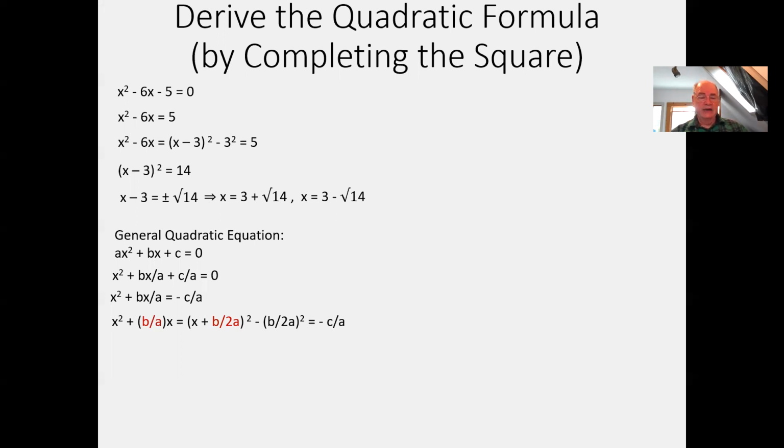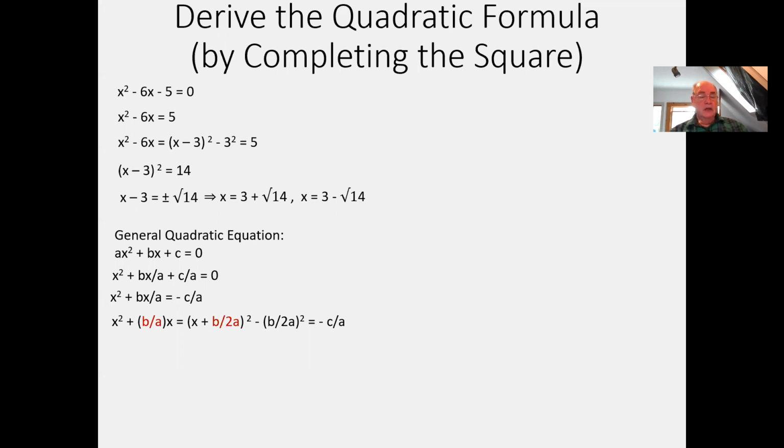Now, if I square that term, x plus b over 2A, I will get my x squared, and a middle term of b over A times x. But of course, I will get that extra piece, b squared over 2A squared. So I better subtract it to keep the equality the same. I've done that just as I've done before, and that now continues to equal minus C over A.